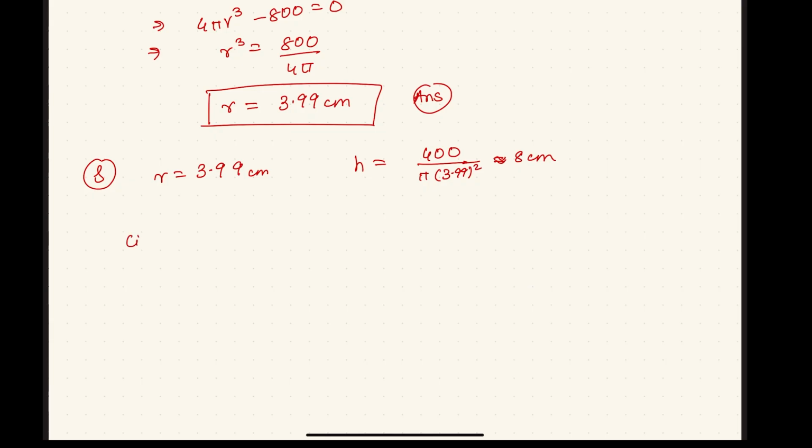Now the circumference is 2 pi times 3.99, which gives you 25.07 centimeters. This is the circumference of the entire cylinder. Now if you look at it, the 5 cross 7 label will fit in any direction.